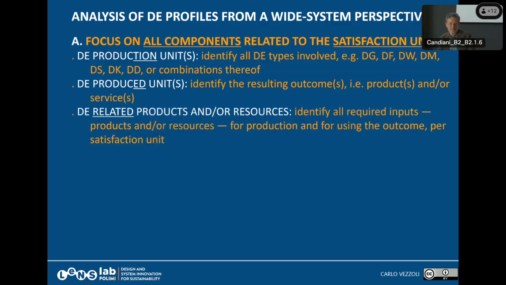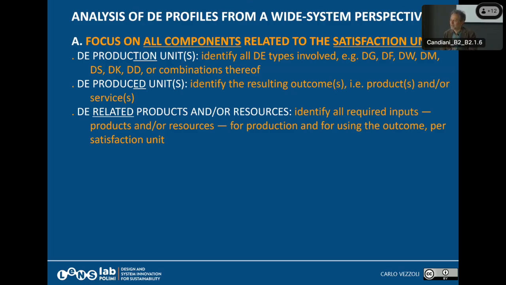The story is not that simple, because indeed we have to consider even other related products or resources that could be needed as input when we are producing or using the outcome of a product. If I have, on my balcony, I'm cultivating my tomatoes, okay? I need to have some water to irrigate the tomatoes.